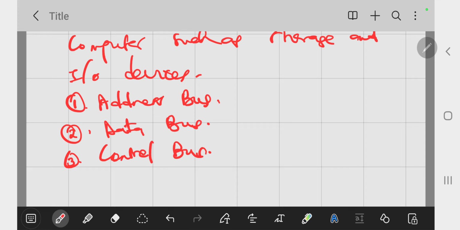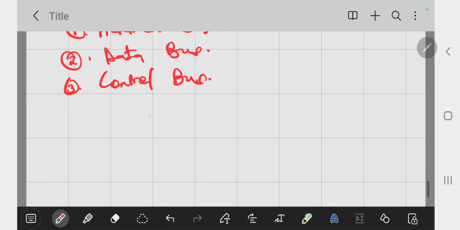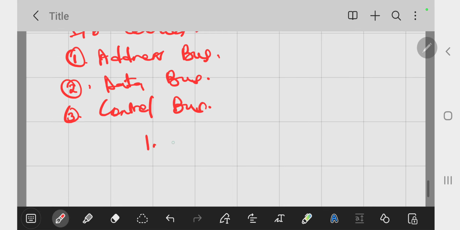These are the main three CPU system buses that we find useful in this particular course.